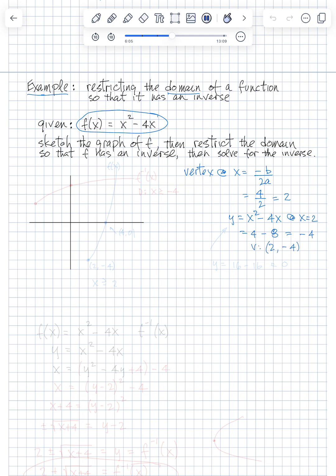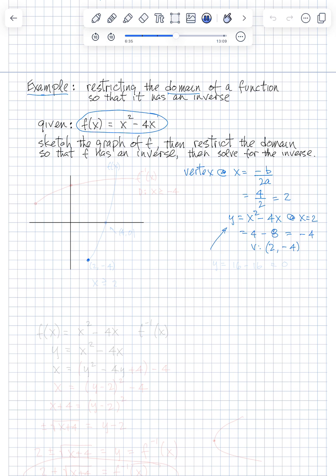So we can plot that. (2, negative 4). This is our vertex. So this is where we're going to start graphing with this. So now we need some more points. Okay, so when x is 0, well, x can't be 0 because it can't be less than 2. So when x is 4, go to the original, which is this right here.